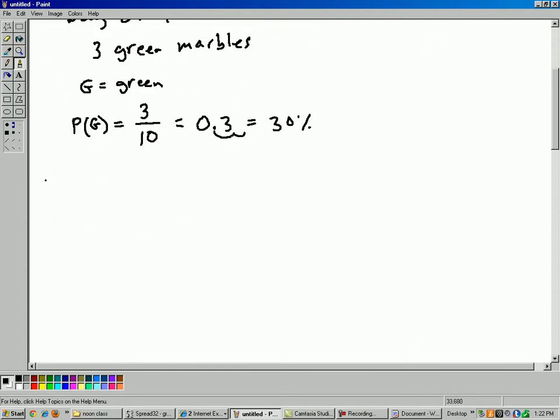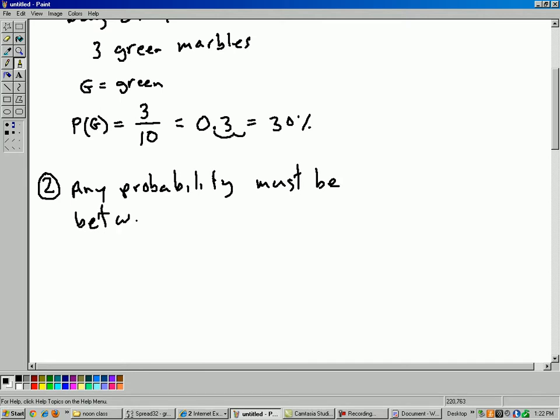Now, rule number 2 is a direct consequence of rule 1, and that is any probability must be between 0 and 1.